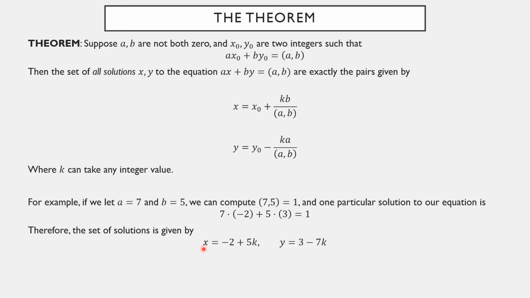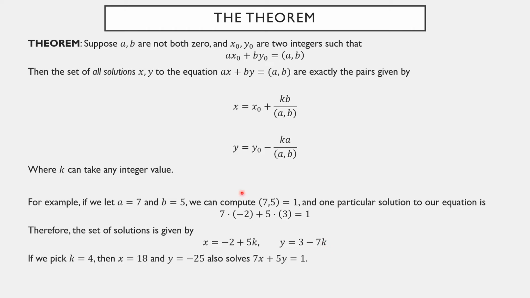So x must be of the form, the one value of x I found, plus 5 times k over the GCD, which is 1, so 5k over 1. And y must be of the form, the particular y value I found. Here I put a plus, so here I put a minus. 7 times k over the GCD, and again the GCD was 1.